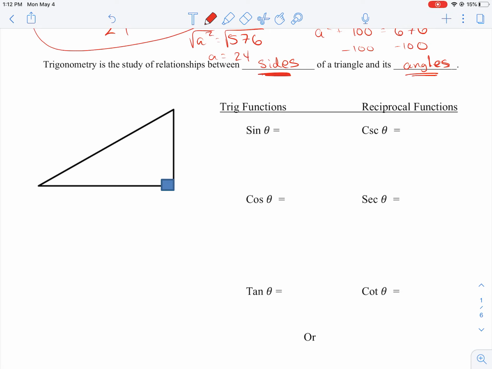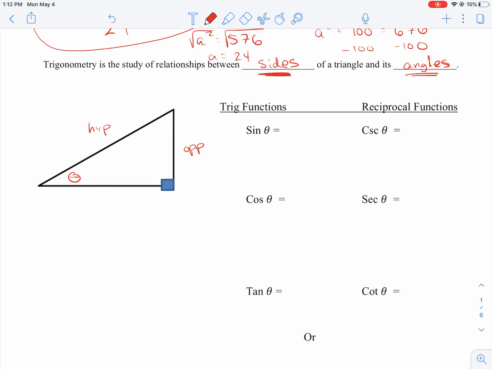So, sine functions. Let's just say this is theta. Let me write these in here. This would be our hypotenuse. This is our opposite side. It's opposite the angle in question here.